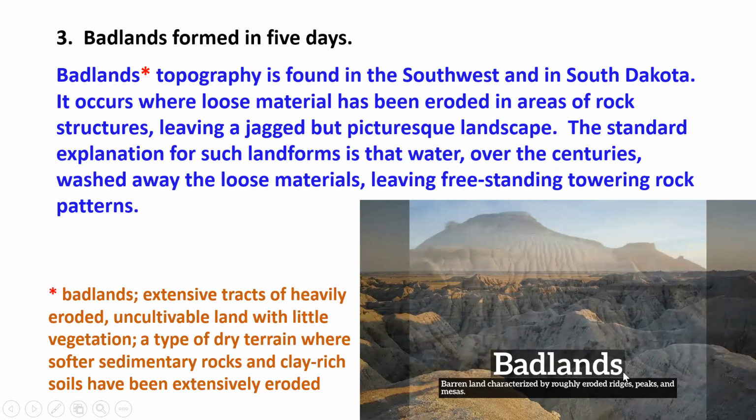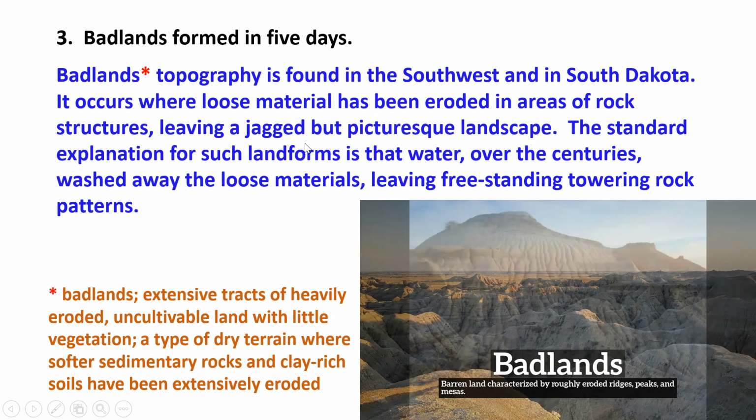Okay, so you have eroded ridges, peaks, and mesas. All these ups and downs like little slopes and mountains. So badlands topography is found in the southwest and in South Dakota. It occurs where loose material has been eroded in areas of rock structures, leaving a jagged but picturesque landscape.